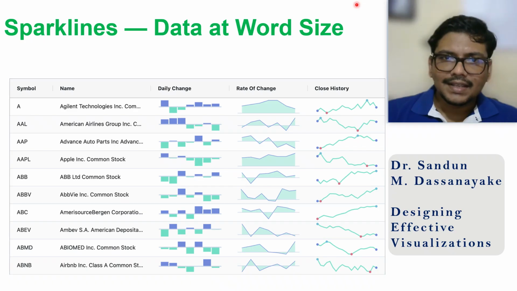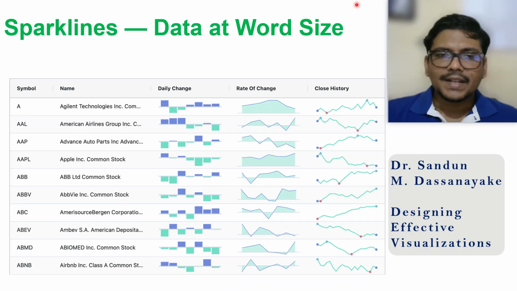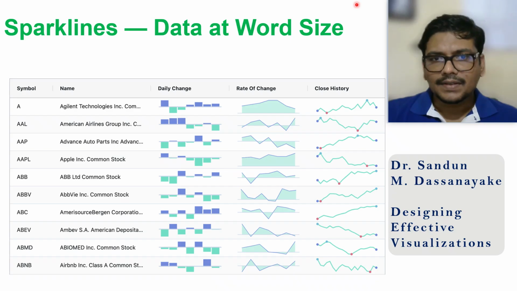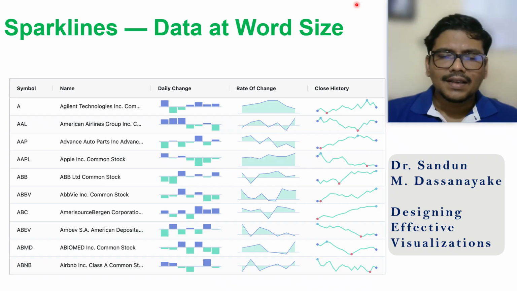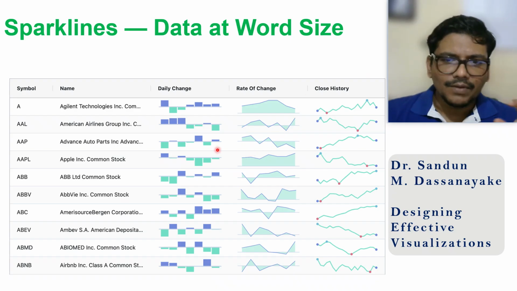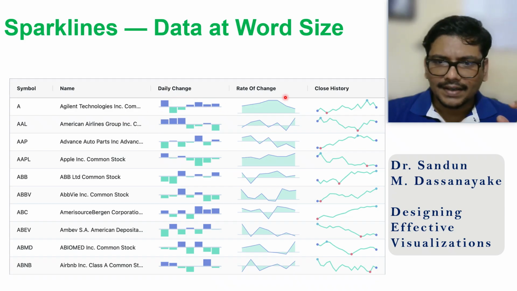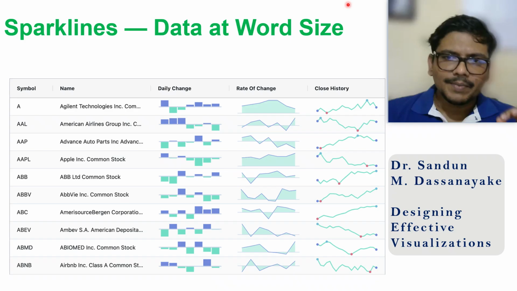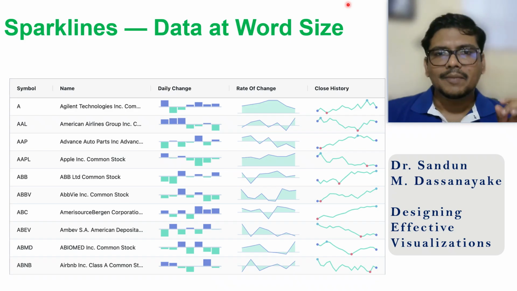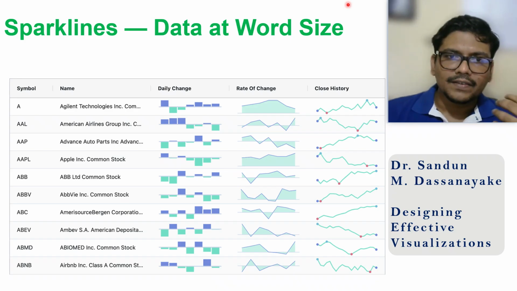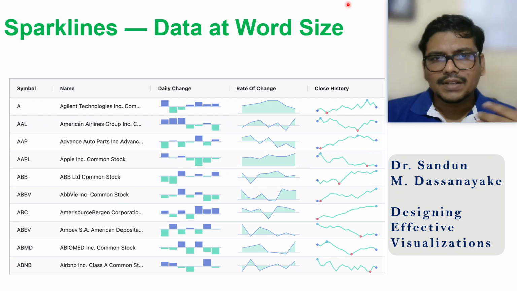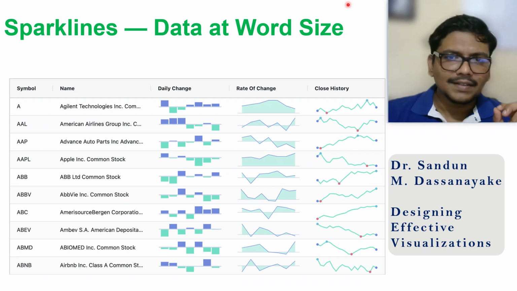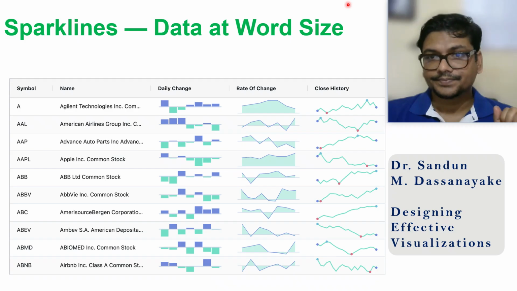They are tiny, compressed charts that fit effortlessly inside a sentence or a table cell, about as wide as a word. You can see they are very nicely fitted into the table. Despite their small size, they pack a punch by showing trends and volatility at a quick glance, something a single number can't quite do.